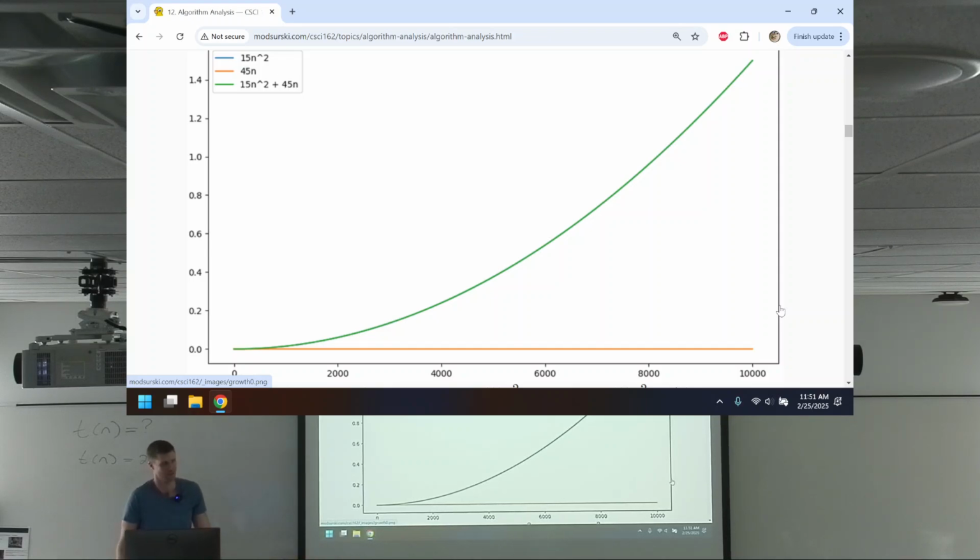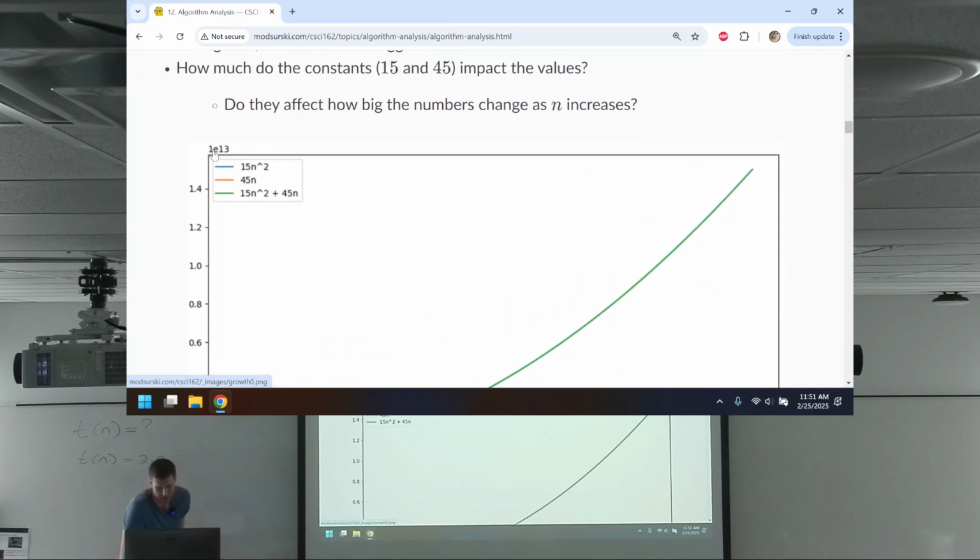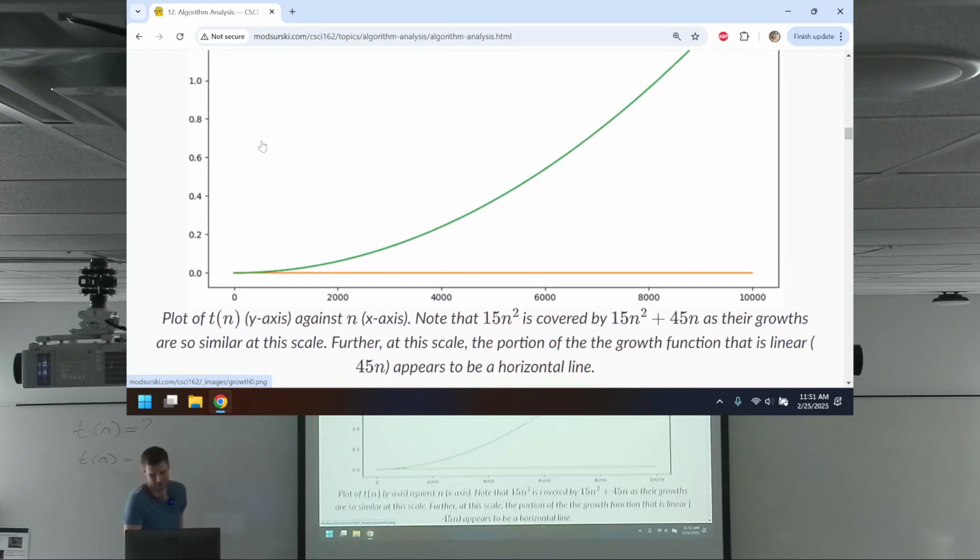It's perfectly covered by the green line because this yellowy orange line is completely useless. When you look at it at this scale, it's flat. It's almost like it's a 0. We know it's not a 0 because it's 45 times n. But 45 times n at this scale is so meaningless that there's nothing here, right? And this is times 10 to the 13 up here, okay? So, yeah, it's nothing.